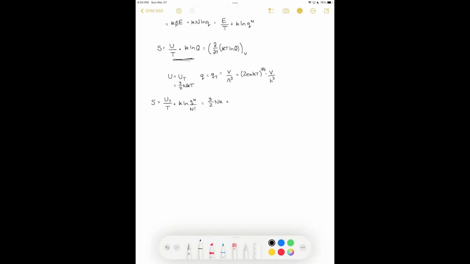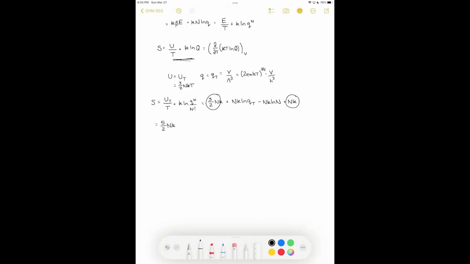For the first term, we will have Nk natural log of Q, where Q is specifically our translational partition function. And then we'll have minus k times the natural log of N factorial. We can use Stirling's approximation to say minus Nk natural log of N, and then plus Nk. From here, we can evaluate this using the definition of the translational partition function. First, we have 3/2 Nk and a single Nk. We can group those together: 5/2 Nk.